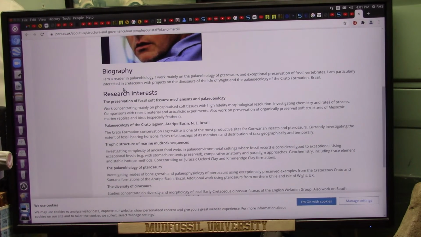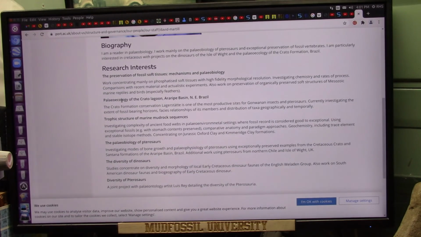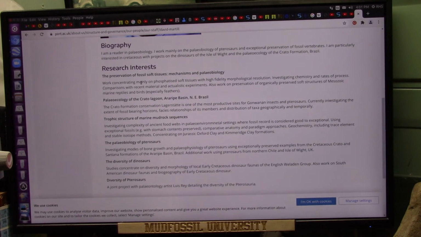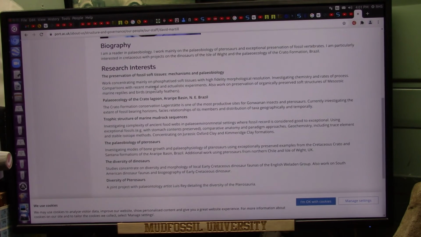Well, it's just biography, but his input to paleobiology and how soft tissue, well, here's right here, work concentration mainly on phosphatized soft tissues with high fidelity morphological resolution, investigating chemistry and rate of process, comparison with recent material and actualistic experiments. All right, I have the actual preservation. It is the preservation of fossil soft tissues, mechanisms, and paleobiology, exactly what I do.